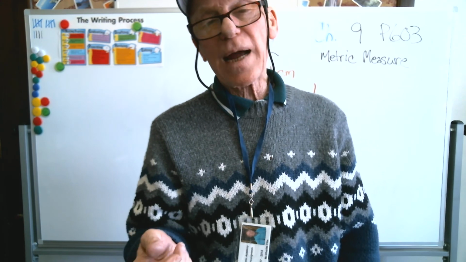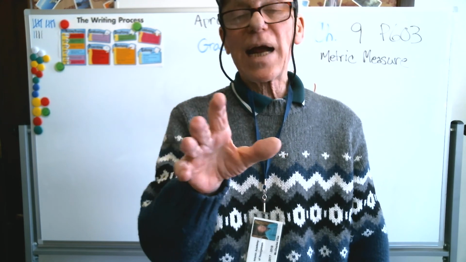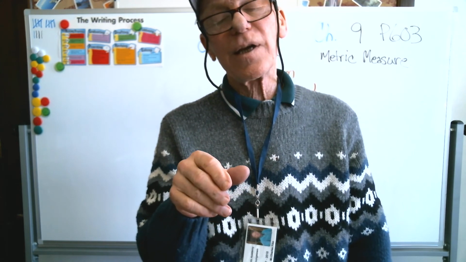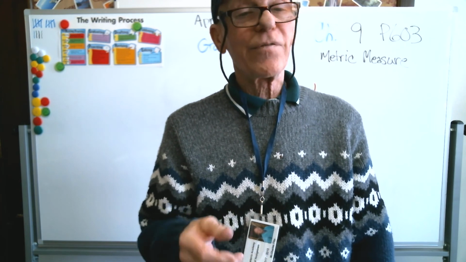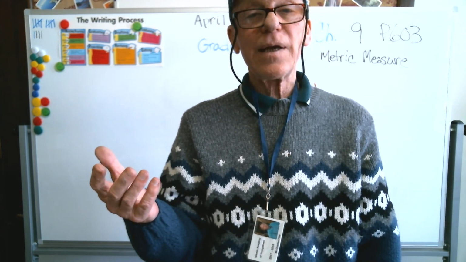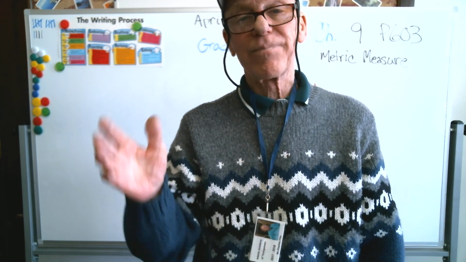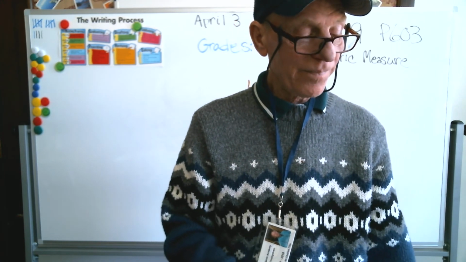But we'll be subtracting one measurement from another measurement. You got 10 centimeters, you subtract 5 centimeters, and your answer is 5 centimeters. If you have 5 centimeters and you add 3 centimeters to it, then your answer would be 8 centimeters. Easy peasy. You guys got it.